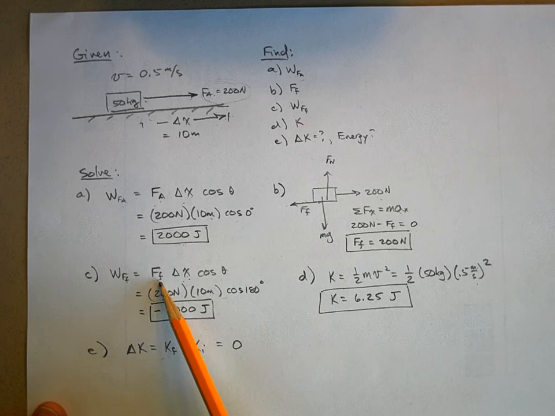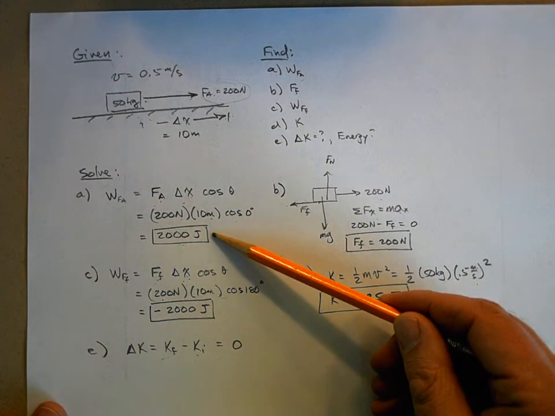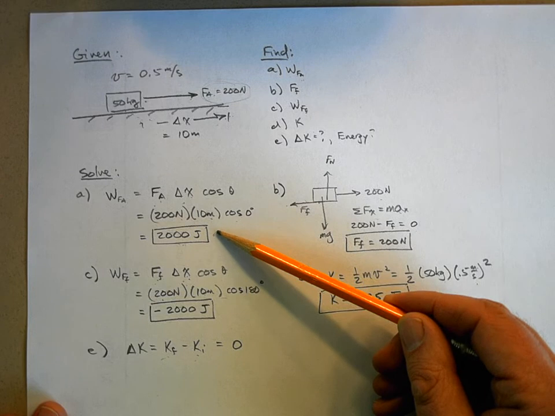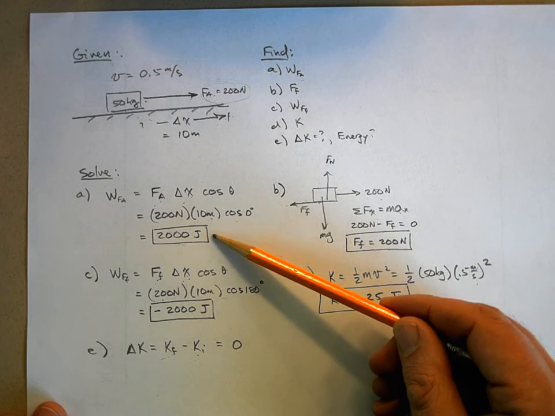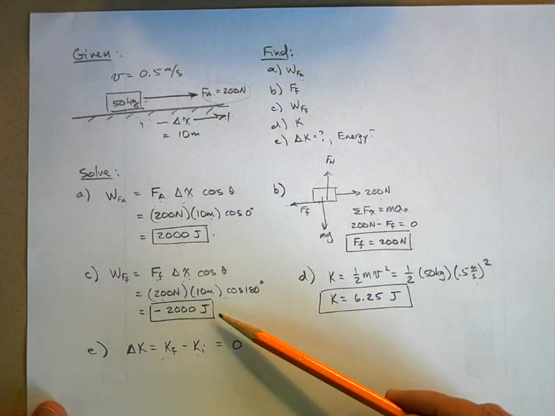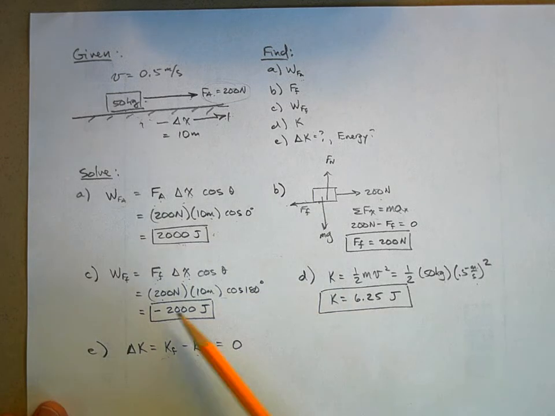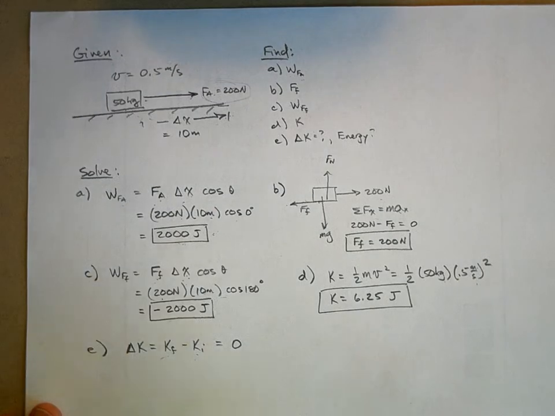Well, there was friction, and the friction took that energy away. See how this is positive work? Positive work means we're trying to put energy into the crate, trying to increase its kinetic energy. But friction took that energy away. Negative work means you're taking energy away from the crate. But where did that energy go?